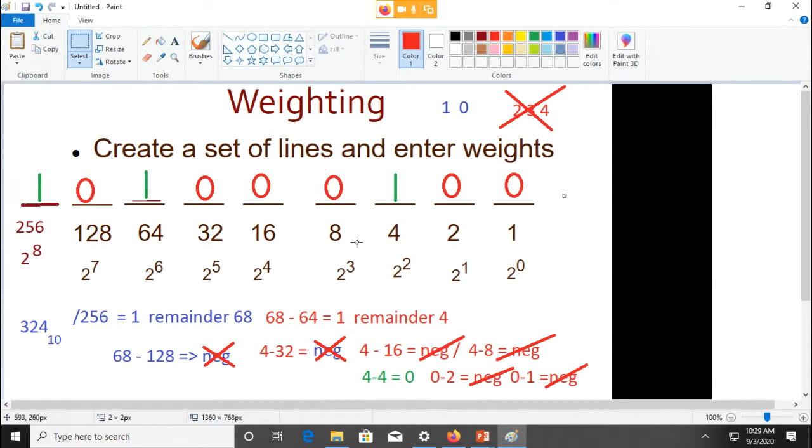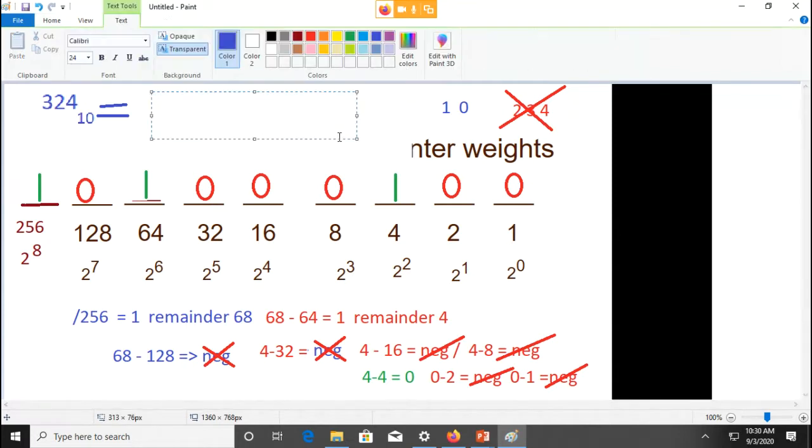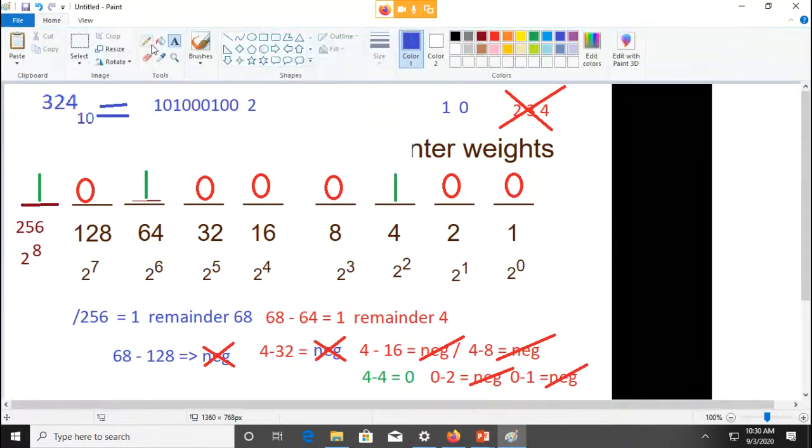All right, and so the number 324 base 10 is equal to the number 101,000,100 base 2, or binary. Okay, so these two values are equal.